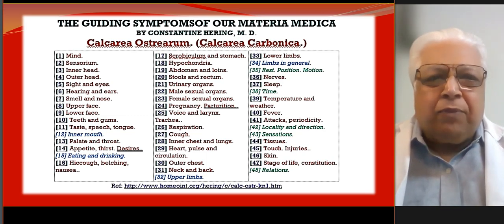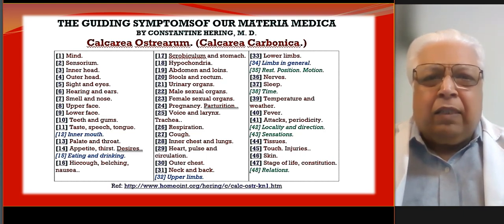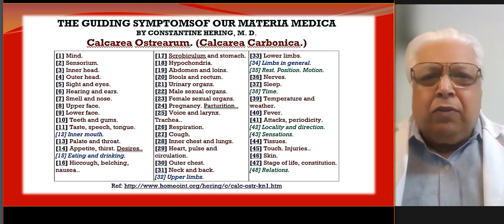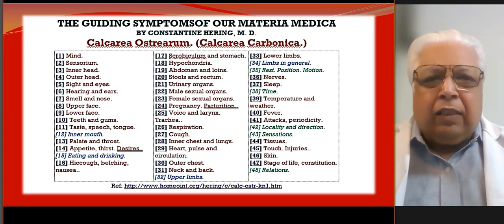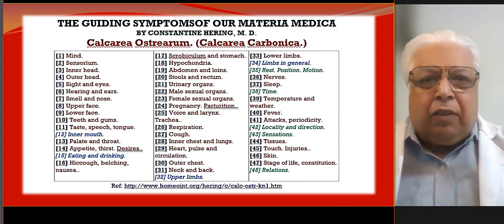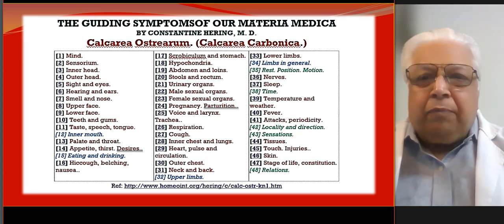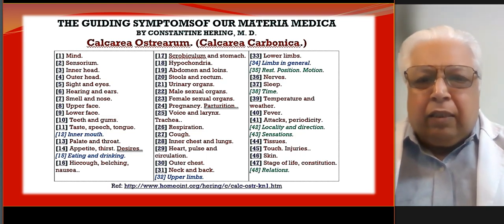Allen has taken up symptoms from here only, and these are selective symptoms according to his clinical use, what he might have done in his clinical practice, and he produced them in Allen's Keynote, which is a very important book for us. In day-to-day practice, we are going to read and clinically use this work at the bedside. So this is the fundamental background of the work which we have been looking into and comparing with.